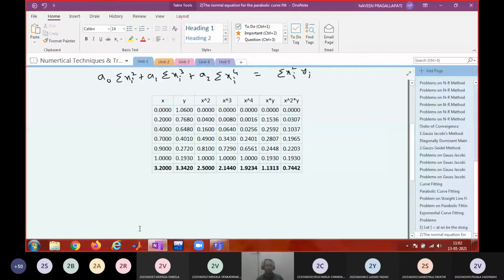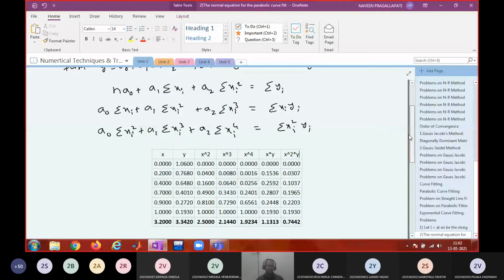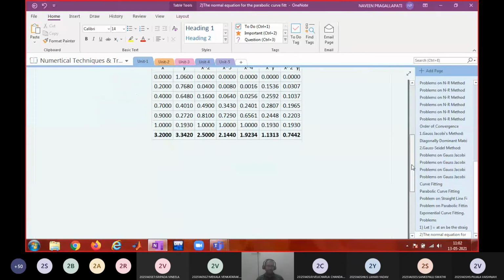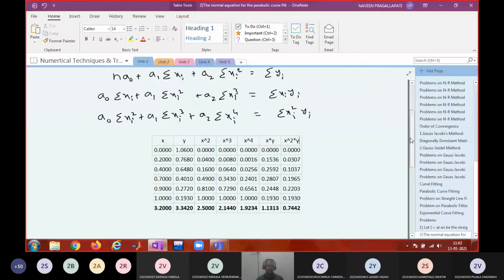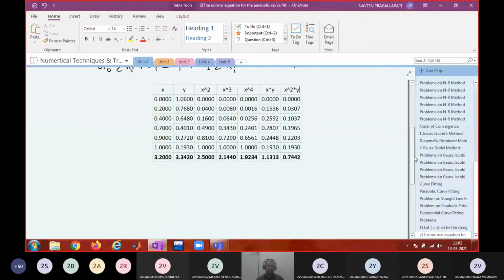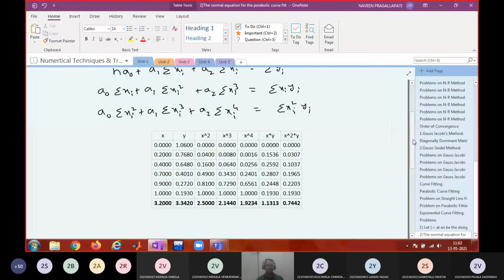Are your values matching with this table? Yes, sir. Okay. So with this table, you just substitute these values in the normal equations and write them down.